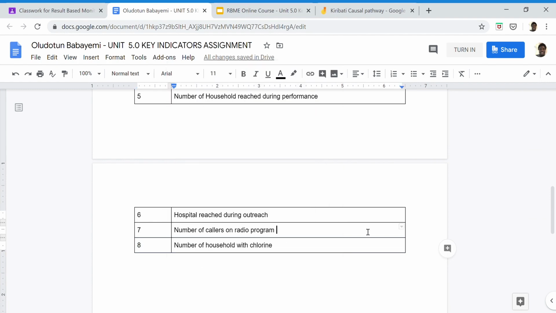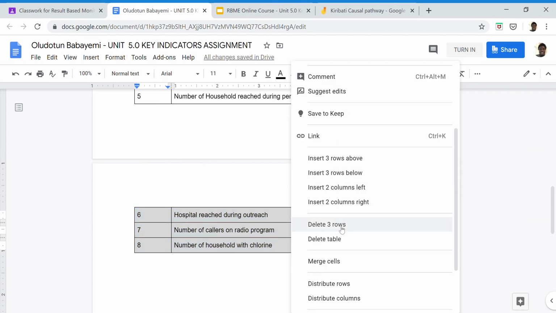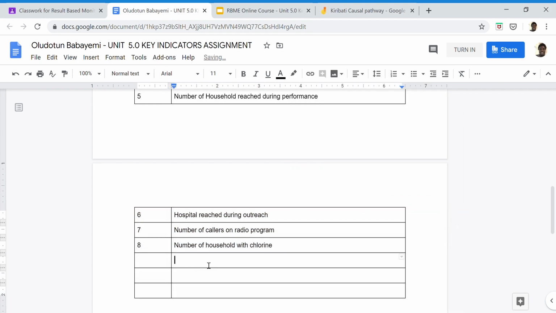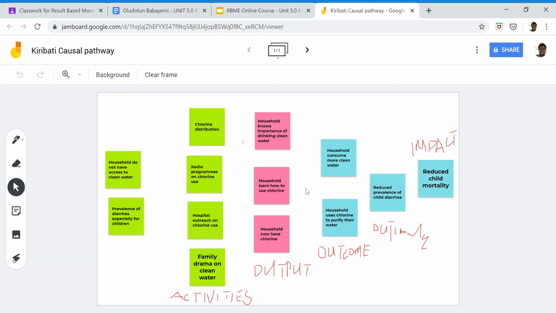Households use chlorine to purify their water.